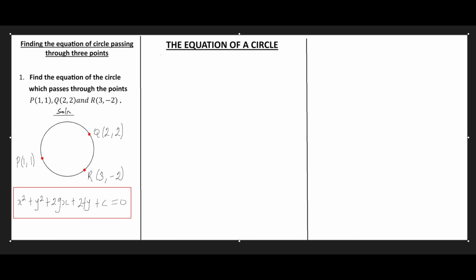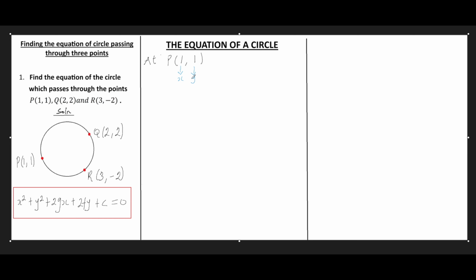So starting with the first point, at point P, the coordinate here is 1, 1. So this is our x coordinate, and this is our y coordinate. So let's do the substitution. Anywhere we see x, we substitute 1.